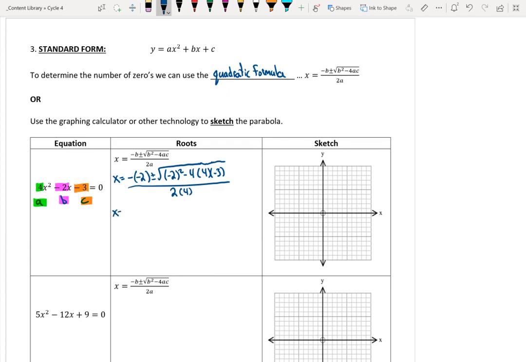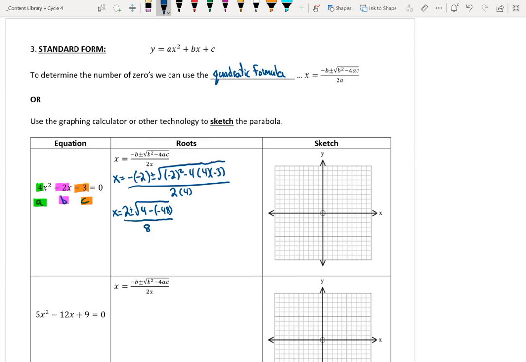So I get x is equal to, simplifying, 2 plus or minus the square root of 4 minus -48. So this is the same one as we did in the last note, divided by 8.